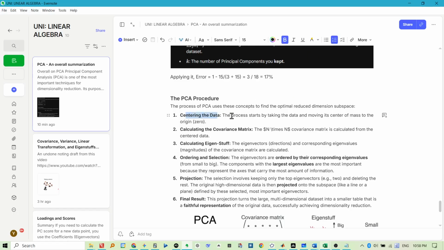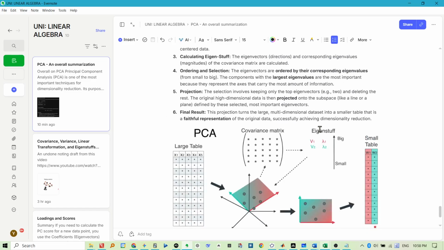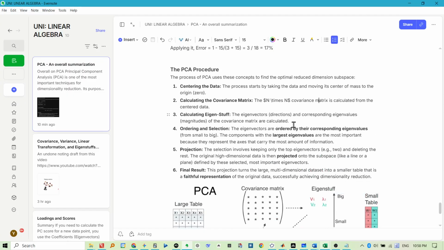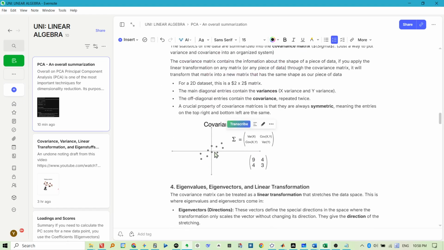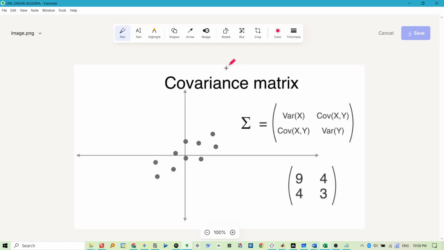First, we're centering the data, moving it to the center. What I mean by moving it to the center here: originally, our data will sit somewhere on here, and we will center it by subtracting the mean of the x-axis and the mean of the y-axis from every single data point, and they will be automatically centered.